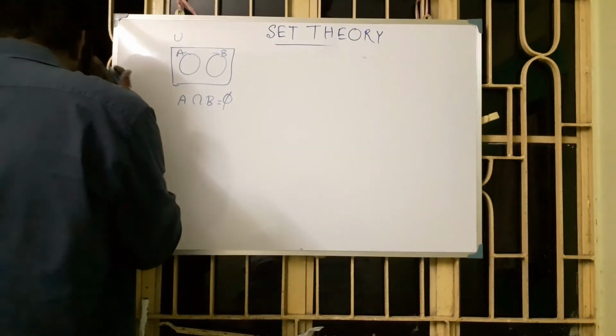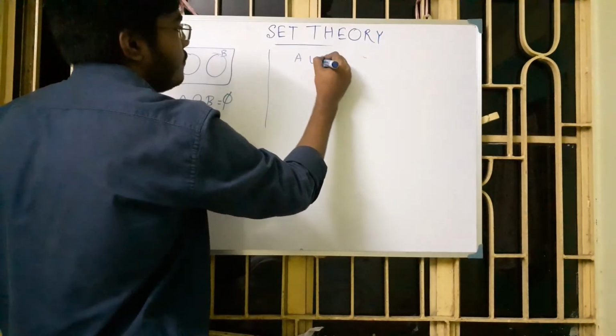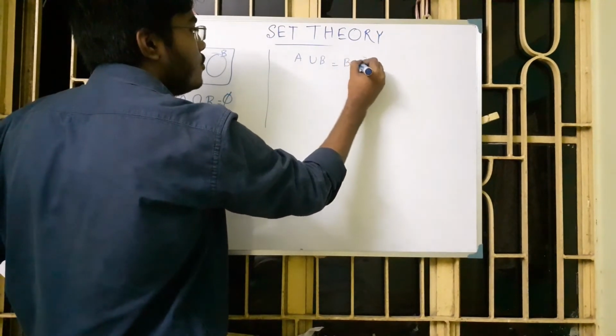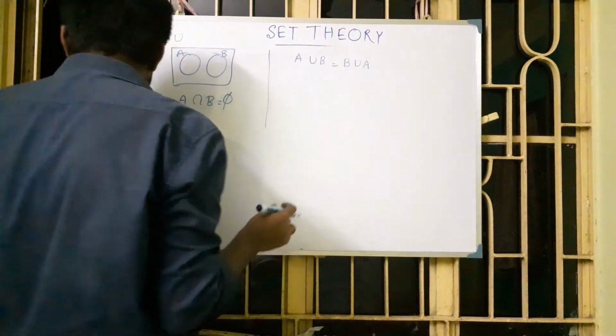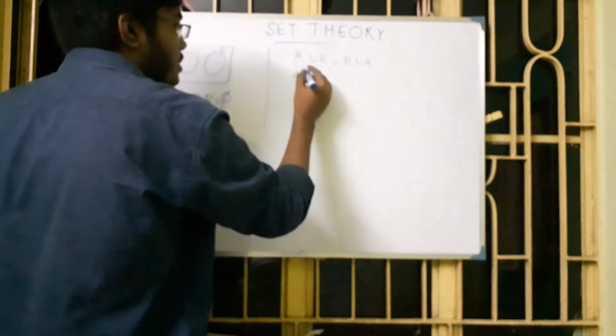Okay, and some operations, or you may say formulas: A union B is equal to B union A. Okay, this is the commutative law.